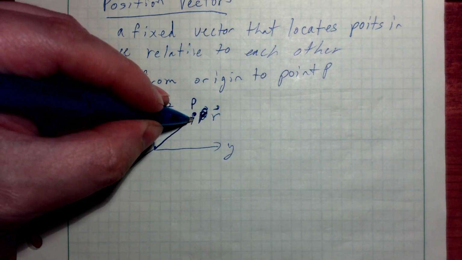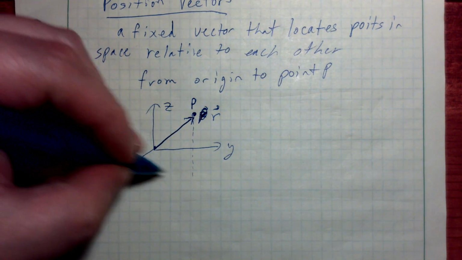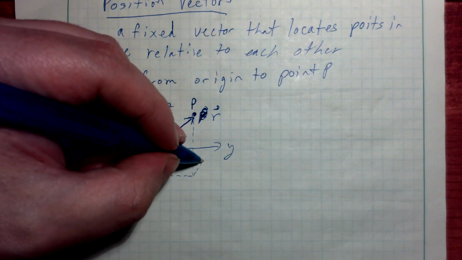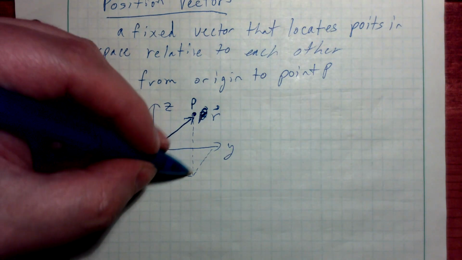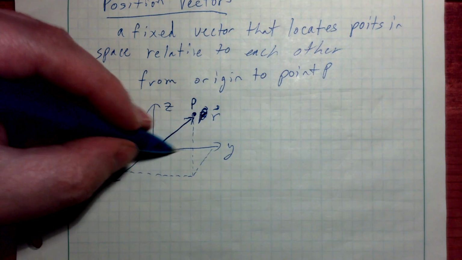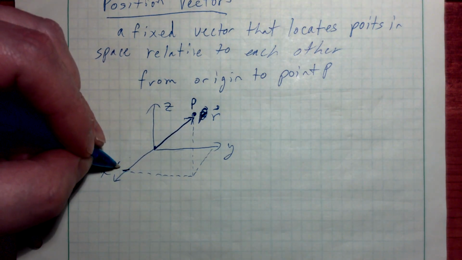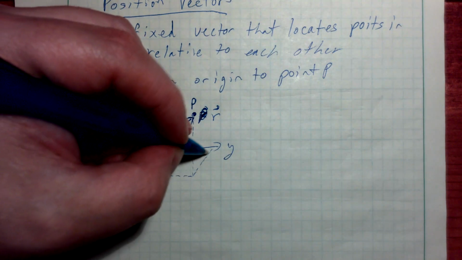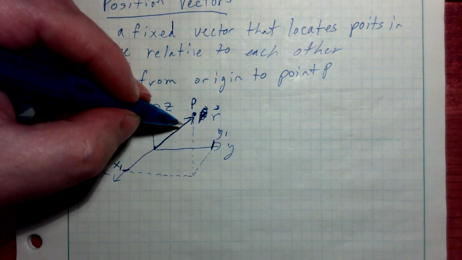Well, that point P, if you dot a line straight down the z-axis until you intersect the xy plane, you can measure where this is out here on the xy plane by drawing lines parallel to these. If I dot in a line parallel to y, roughly, that's going to intersect at point x1. It's going to intersect the y-axis at a point here, y1.